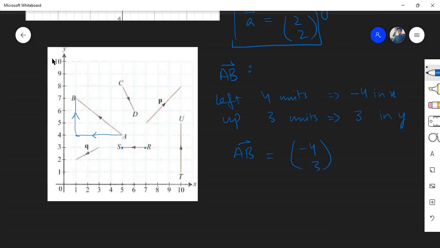Is it correct to assume that to go from R to S, I don't have to move in the y direction at all? Yes, that's true. So the y component is 0 for RS.